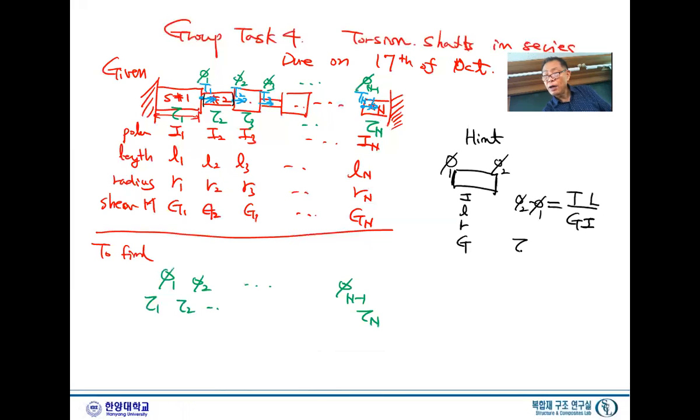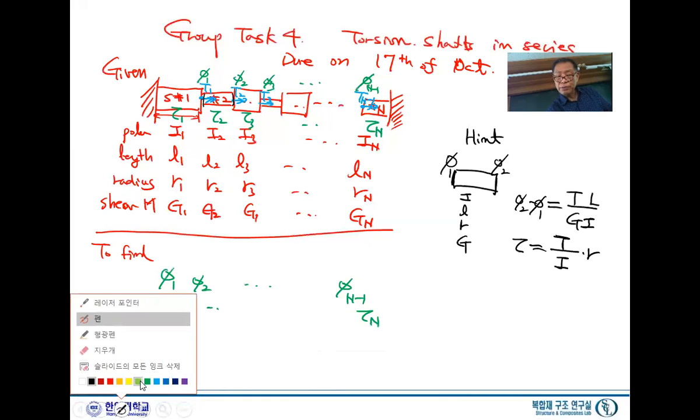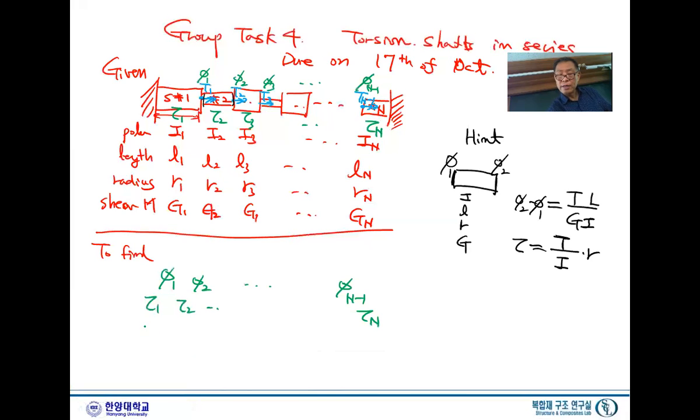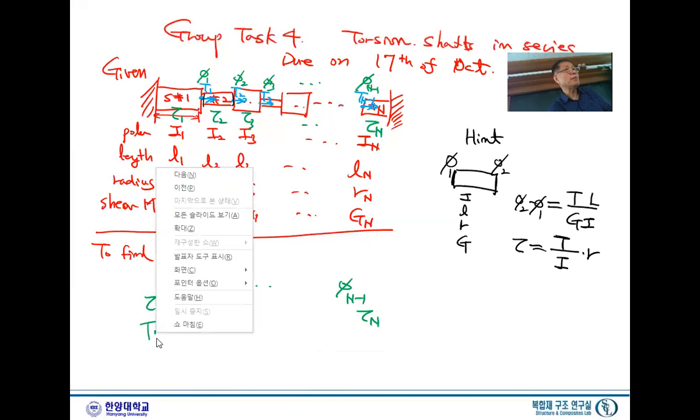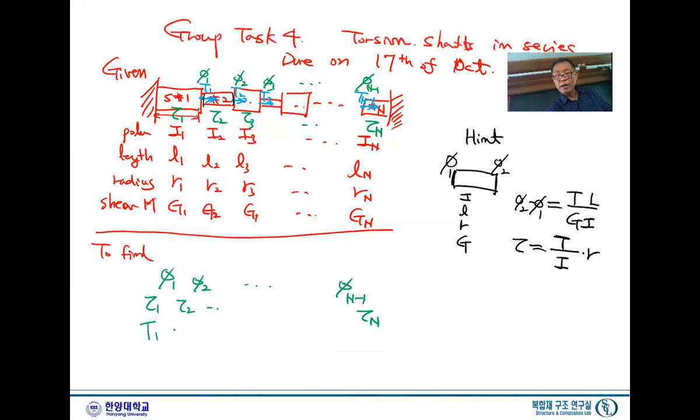Now the tau, you know, tau is the torque times R over I. R is the maximum radius, right? And to do so, you certainly need to know how much the torque T is. Well, as output, I forgot to say, for each shaft you will have a torque T1 and T2 and torque Tn.